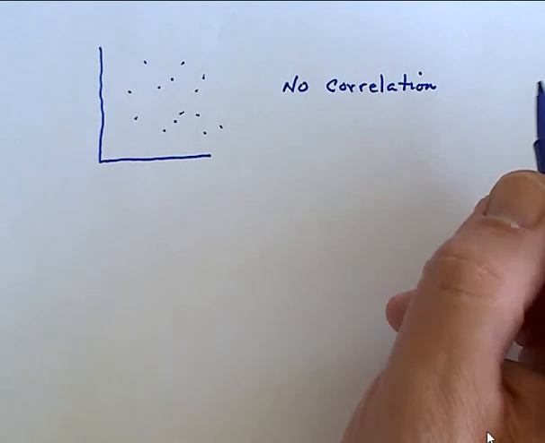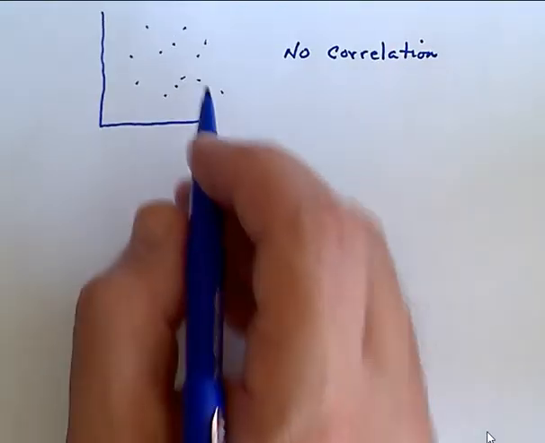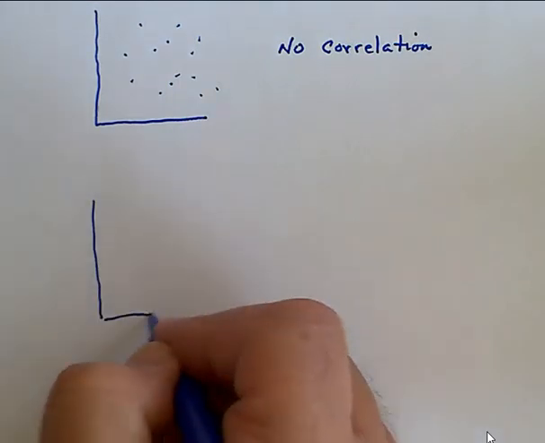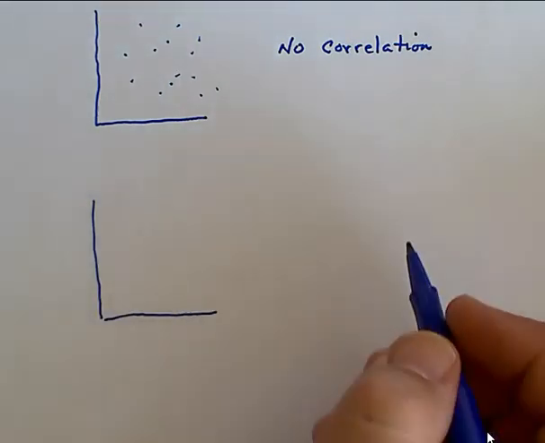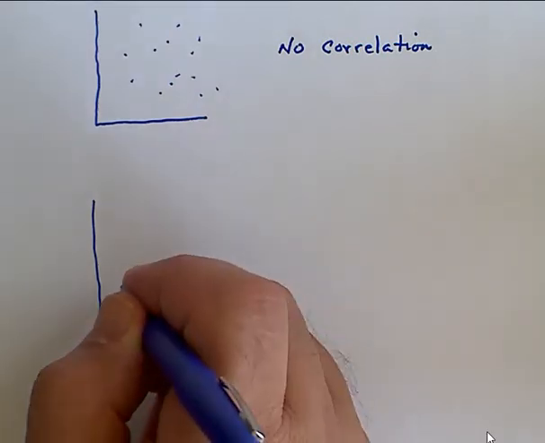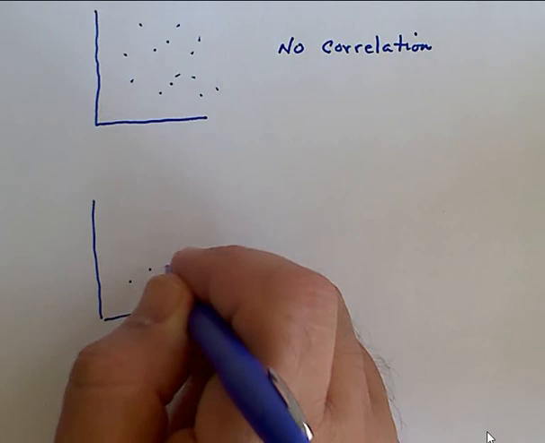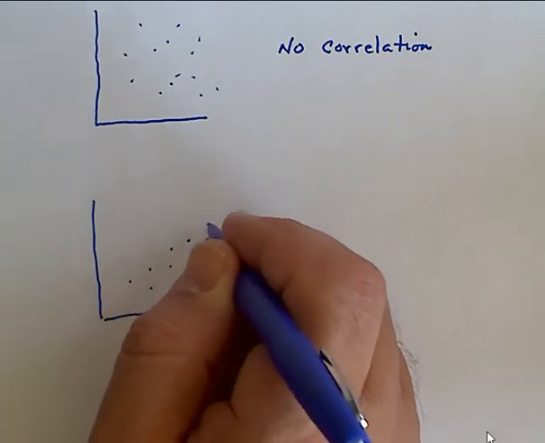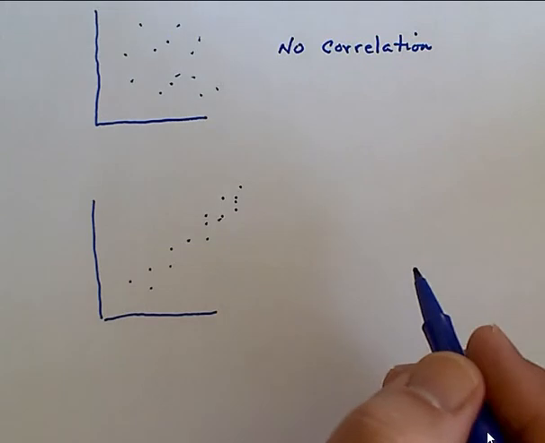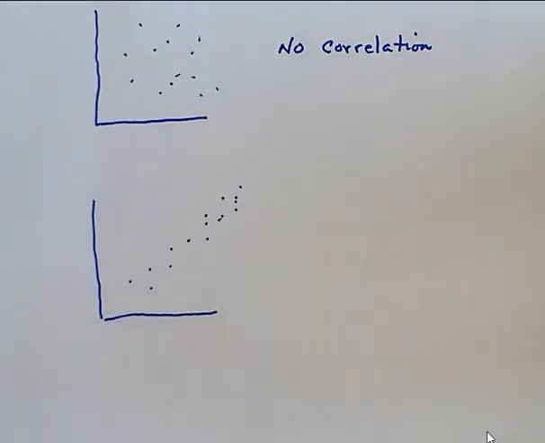Okay, so if we have a bunch of dots that appear to have a little bit of a pattern, again, just a pattern, they don't have to be exact. So if you see something like this, the data is going to be pretty variable. It's going to fluctuate a little bit from one to the next.